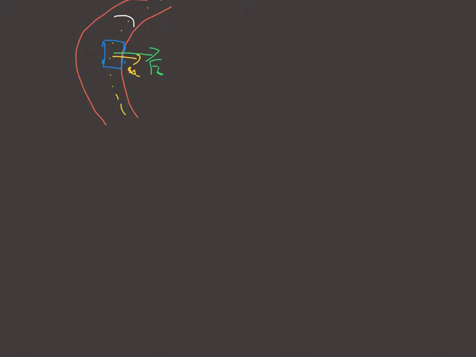However, if this was in the middle of winter and there was a patch of ice here, what is the car going to do? Well, that car is going to travel in a straight line path tangent to the curve. Because what happens when you hit a patch of ice? You lose friction. So friction is the force that causes this car to make the turn.